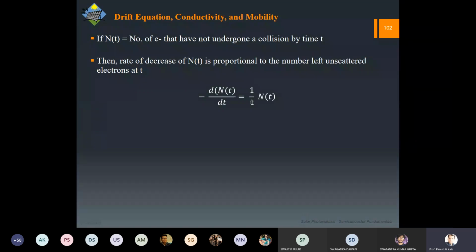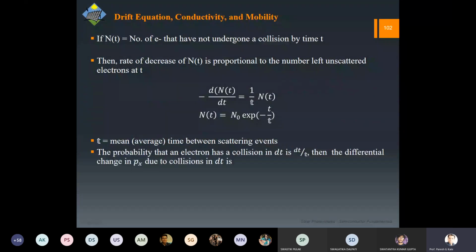So obviously you can talk of this decrease in the unscattered electrons, because from this reference these will start colliding. So you can apply an exponential law, and you can say that n0 was the number at the beginning, and then you can have n(t) which is present at a particular time. This τ is the average time between the scattering events. I have already defined scattering in the previous class.